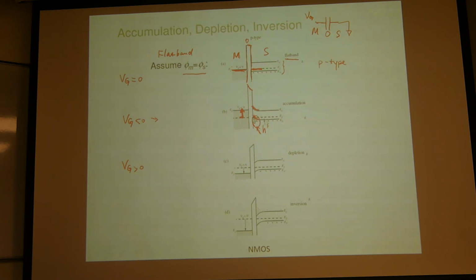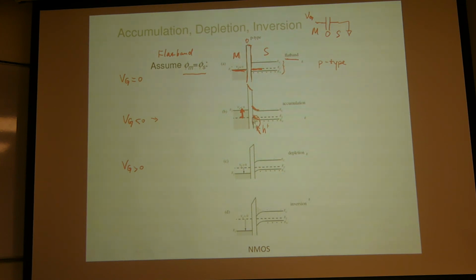You can understand this from the band bending point of view. You know the holes try to move up like bubbles. So if you create the triangle region at the surface, then here you are going to have more holes accumulated.